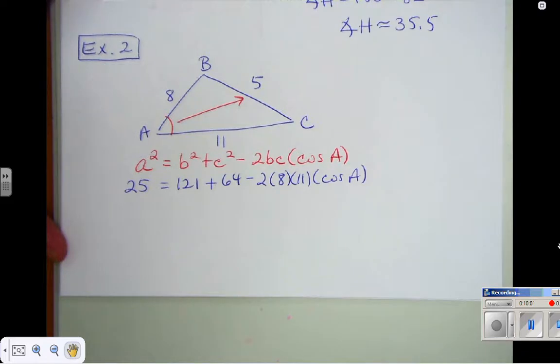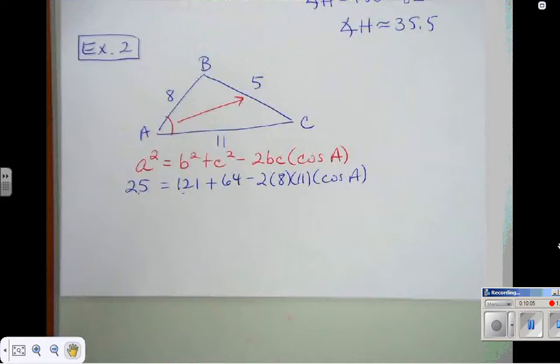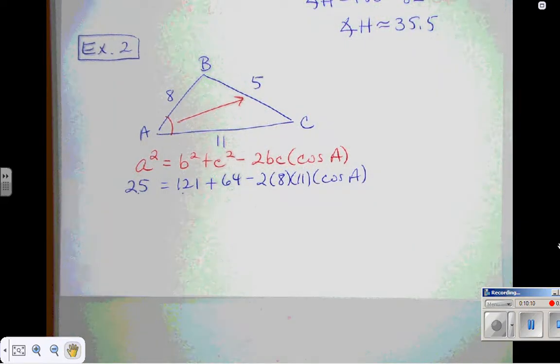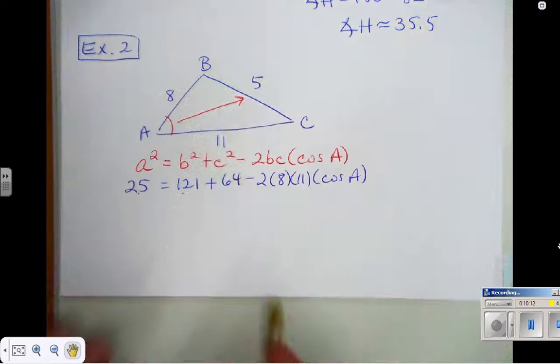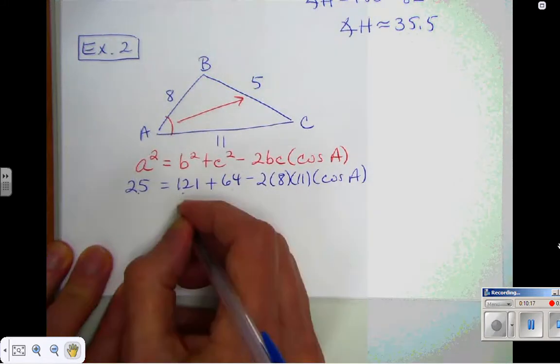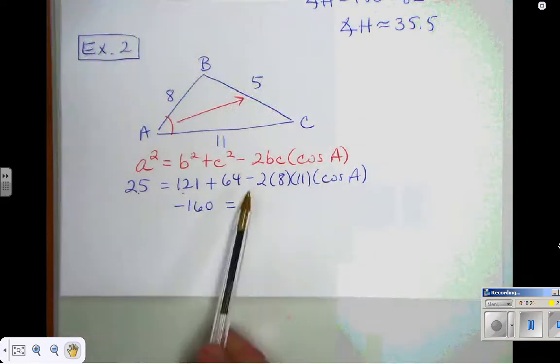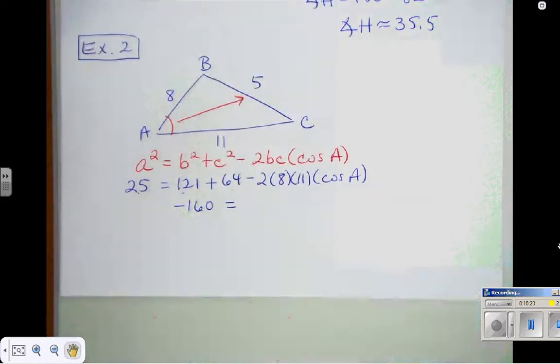So I'm going to take 25 and subtract 121 and subtract 64. Let's see what that is first. And I'm getting negative 160. And then I want to figure out what negative 2 times 8 times 11 is.